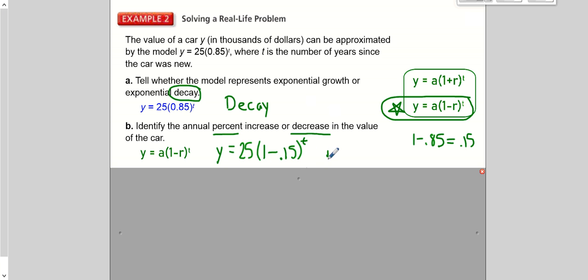So our r, our rate, equals 0.15. But what is that as a percent? Move your decimal 2 places. 15%. And it's a decrease, so we want to label it.